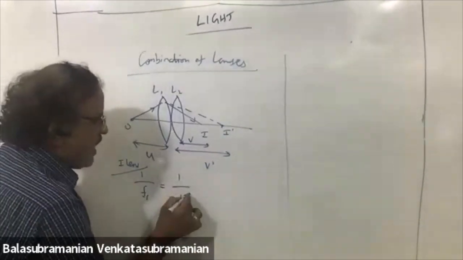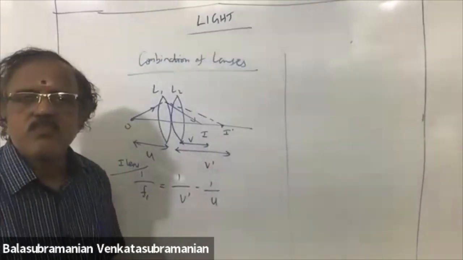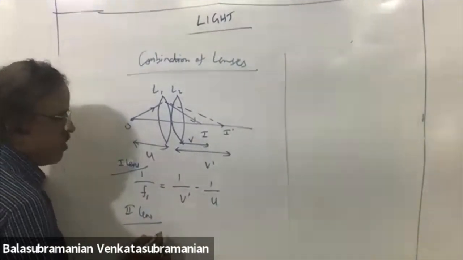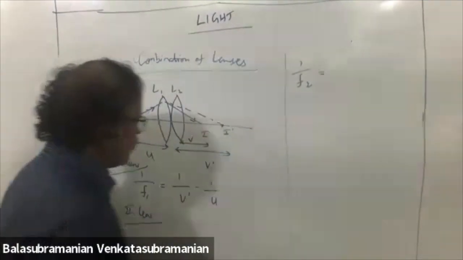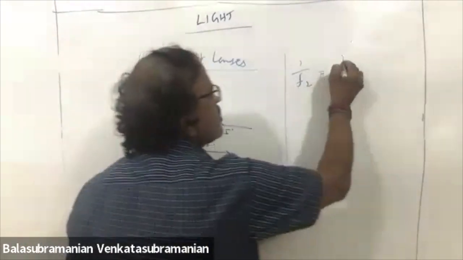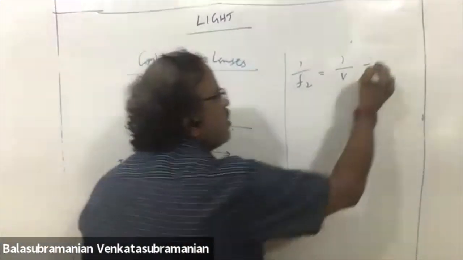Second lens, 1 by F2 is equal to 1 by image distance minus 1 by object distance.